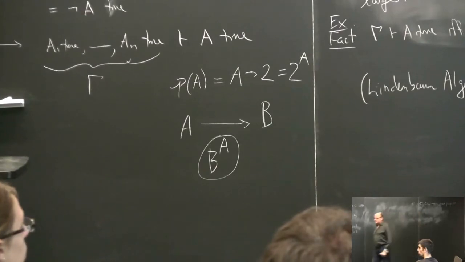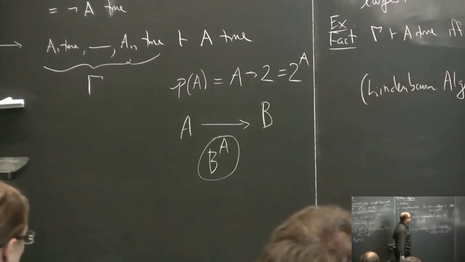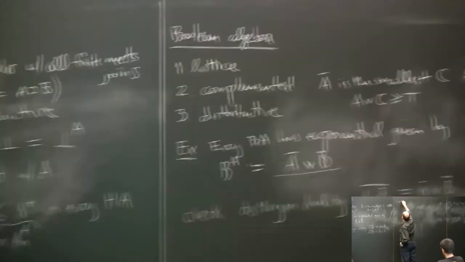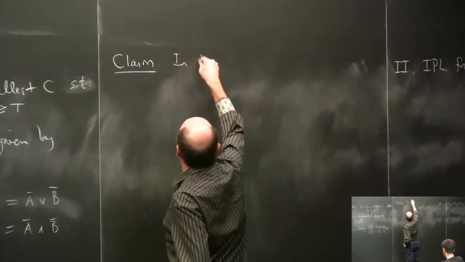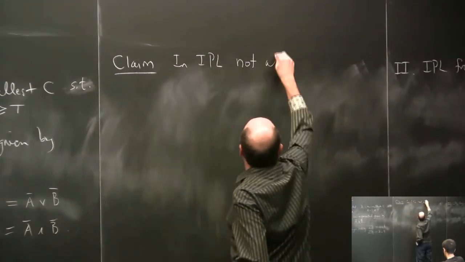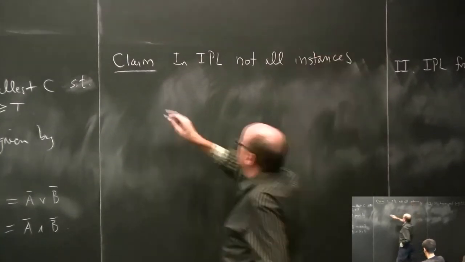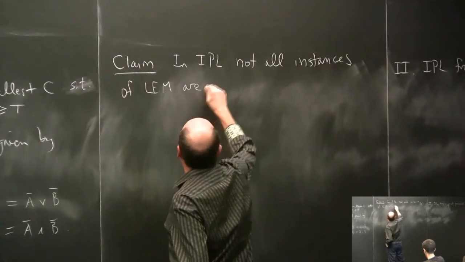Oh yes, okay. So here's what I wanted to say, going back to the principle of logic. I'm going to make a claim which has to get proved a little bit later: in IPL, intuitionistic propositional logic, not all instances of the law of the excluded middle are provable.